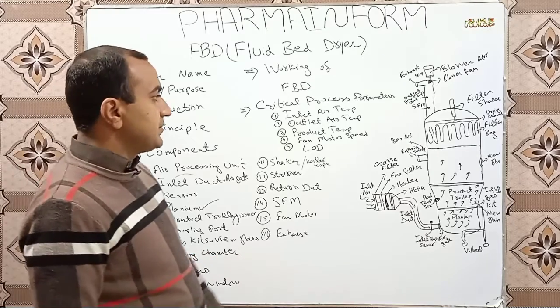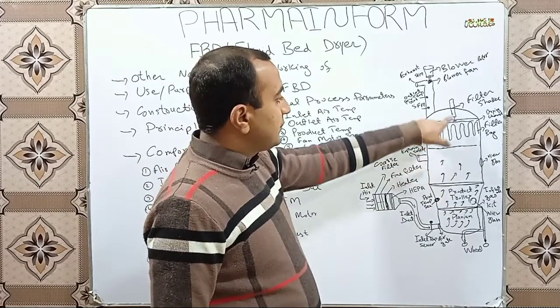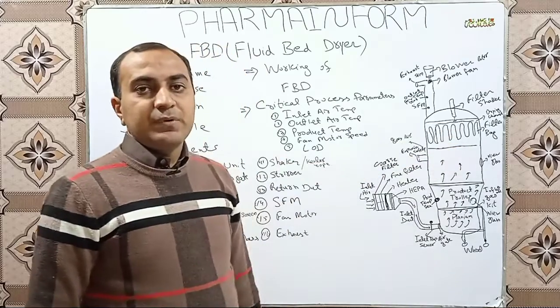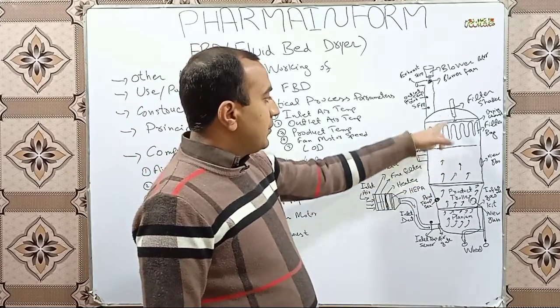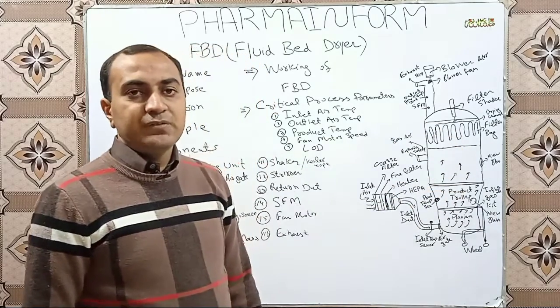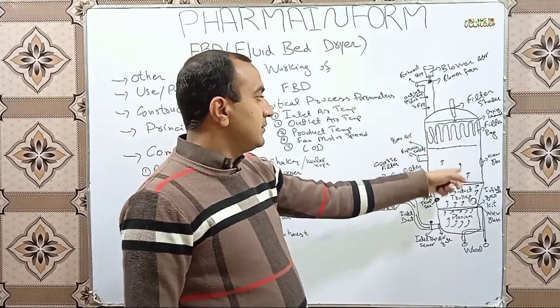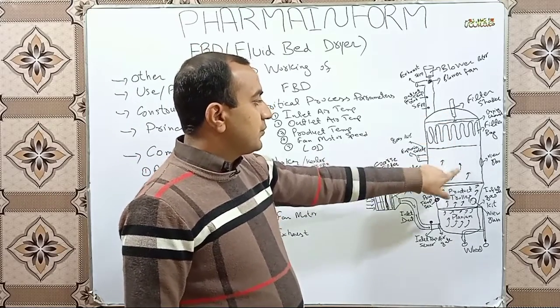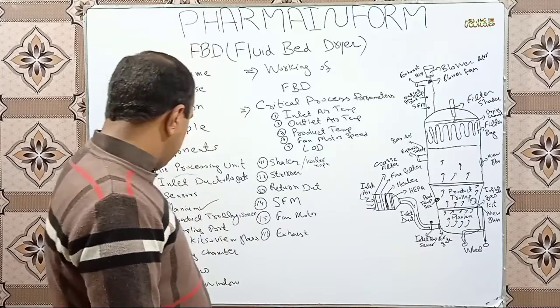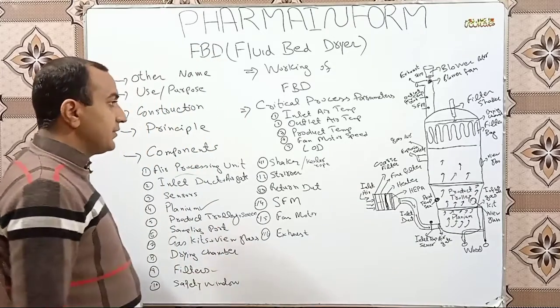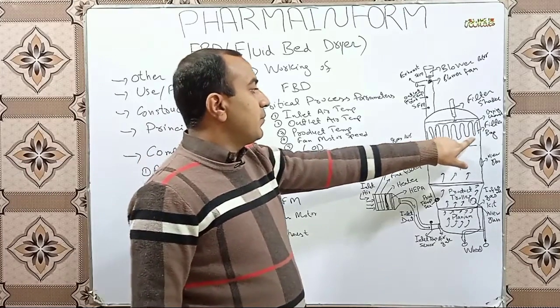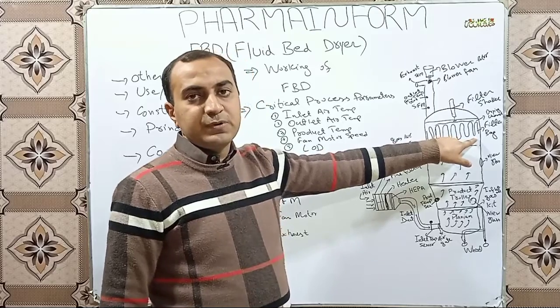Next is the drying chamber. This whole portion is known as the drying chamber. In this portion, our product remains in the fluidization process and heat exchange takes place. The next is filters. Filters are very important components of the FBD.